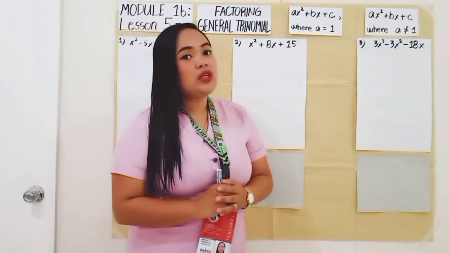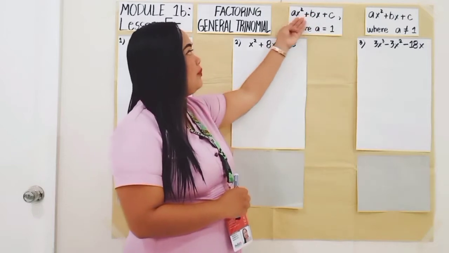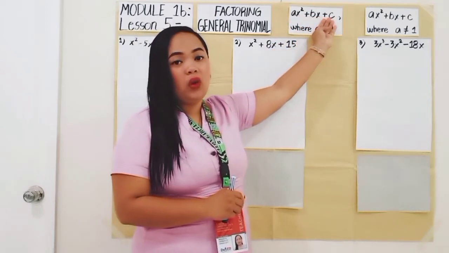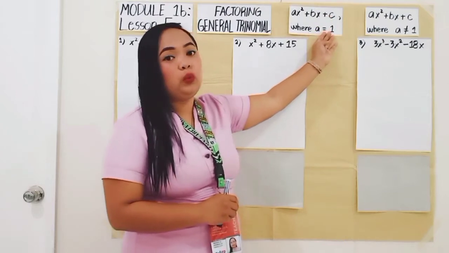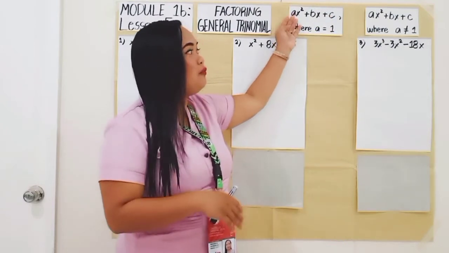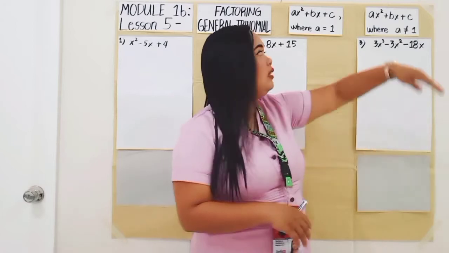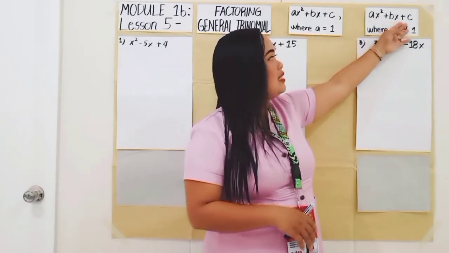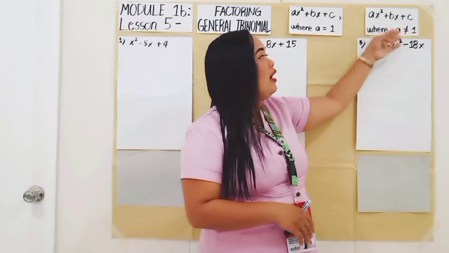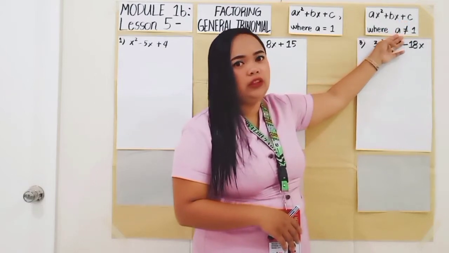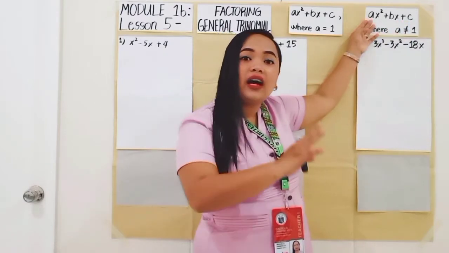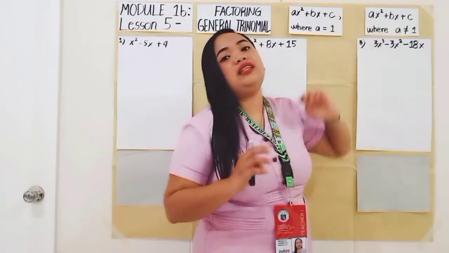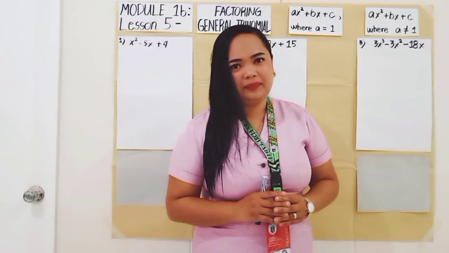First, if your trinomial is in the form ax squared plus bx plus c, where a is equal to 1. Another form of trinomial is ax squared plus bx plus c, where a is not equal to 1. So that is a different way to solve factoring general trinomials.